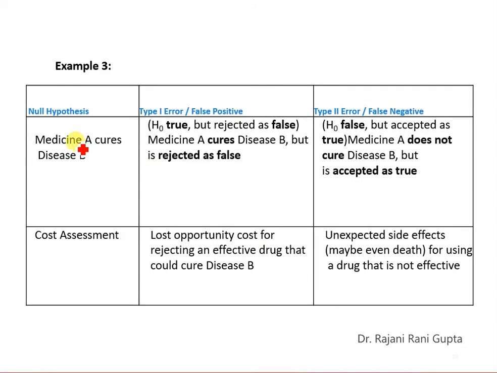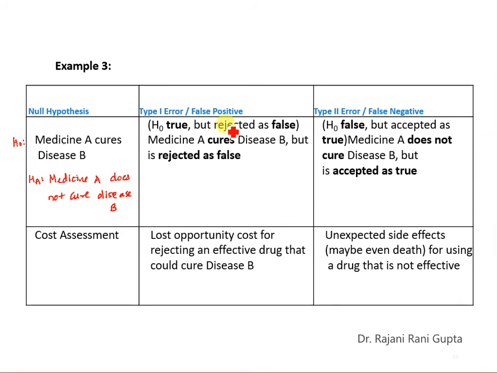Another example: suppose the null hypothesis H naught is that medicine A cures disease B. Then the alternative hypothesis is that medicine A does not cure disease B. So what will be the type 1 error?